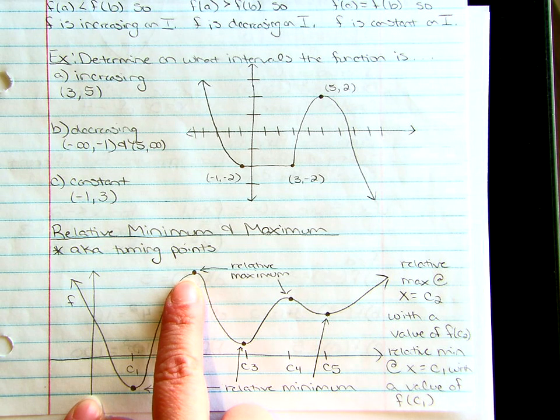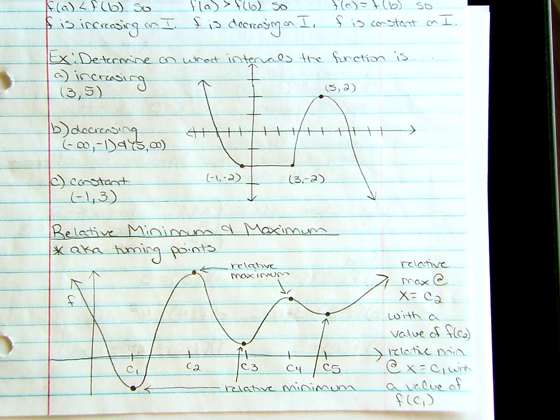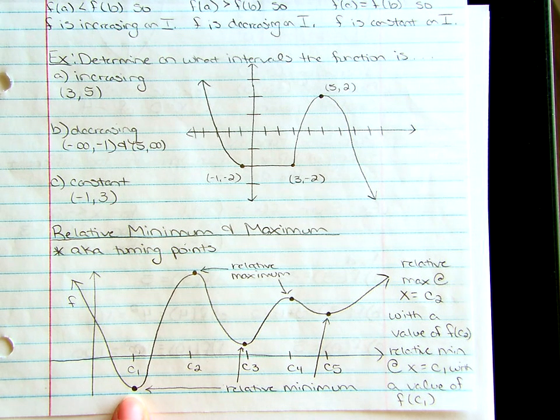So it happens at the x, but you're given a value of whatever the y is. I give another example with the minimum where I say the relative minimum at C1, that's your x value, and it has a value at f of C1, whatever that is in terms of the y's.